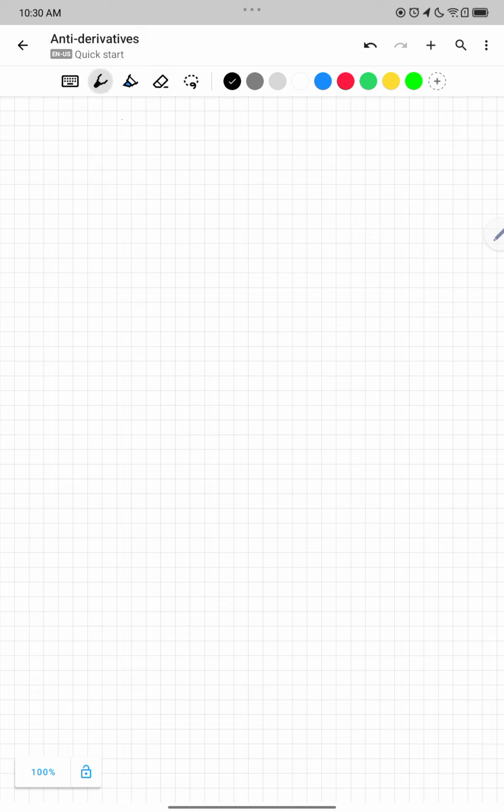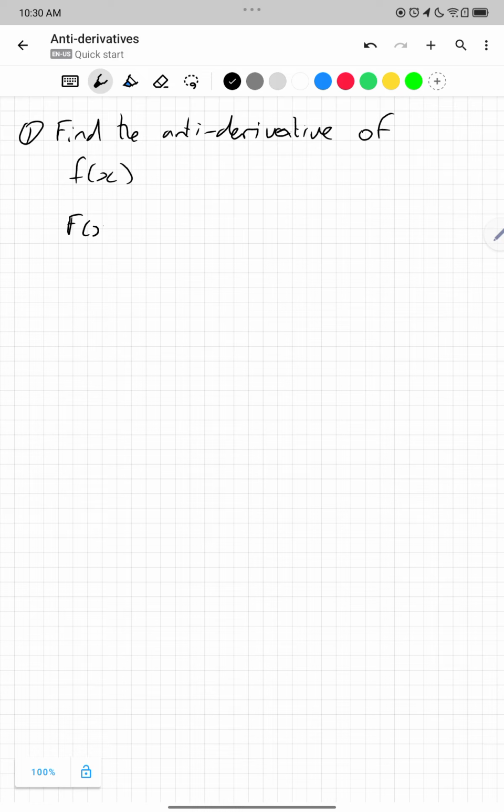Say we have the following one. We are asked to find the antiderivative of f of x, so basically find uppercase F of x, where lowercase f of x is equal to 2x.